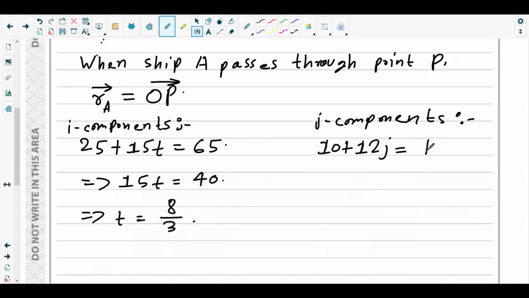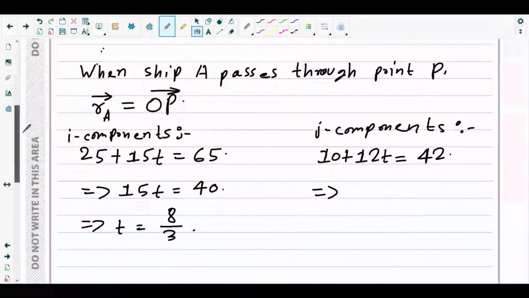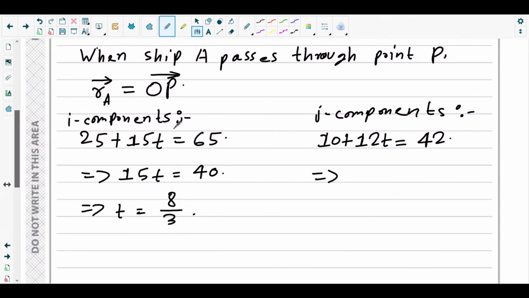This is 42, and we will see whether both are equal or not. So 12t equals 42 minus 10, this is 32. So t equals 32 over 12. Dividing both top and bottom by 4, you will get 8 over 3.